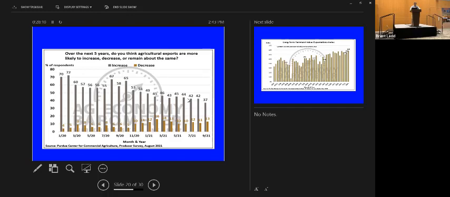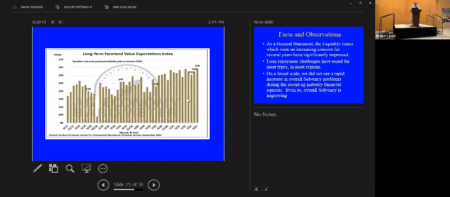I don't see much movement in the gold line, so I don't see a lot of producers out there thinking that ag exports are going to decrease, but the number of respondents that think ag exports is going to increase tends to be declining over time, over the last several months of the survey. I guess what that tells me is a whole lot more think ag exports are just kind of going to stay the same. So I don't know whether that's a good thing or a bad thing, but not really super optimistic about our ability to export more than we currently are.